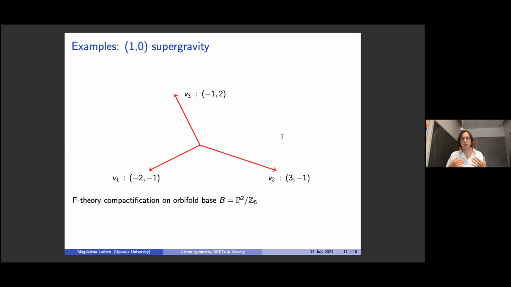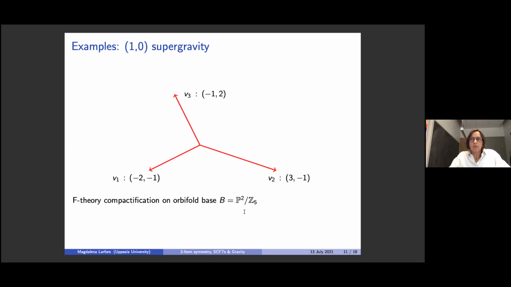If I want to preserve 1,0 supersymmetry, I should look at F-theory computations on some base, which has an orbifold base, and I need to look at this from the perspective of F-theory, because with 1,0 symmetry, I can have D7 branes in the picture. And these then require a non-trivial fibration.